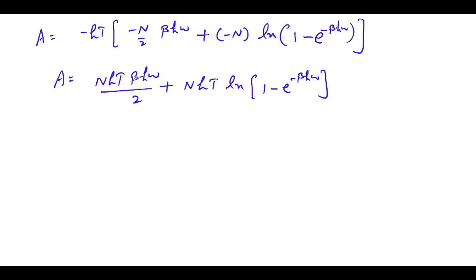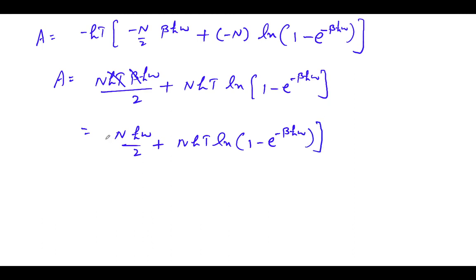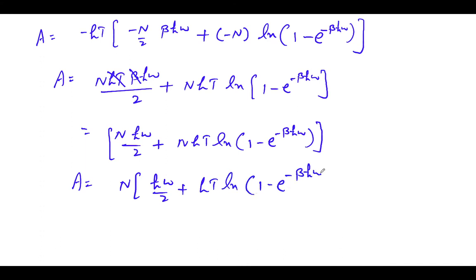This beta, which is 1 over kT, gets cancelled with kT, so we are left with n h bar omega over 2 plus nkT log of 1 minus exponential of minus beta h bar omega. Taking n as common, we can write this equation as n times h bar omega over 2 plus kT log of 1 minus exponential of minus beta h bar omega.